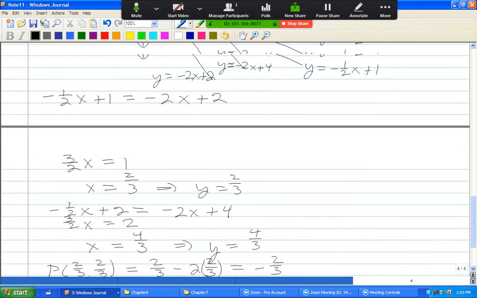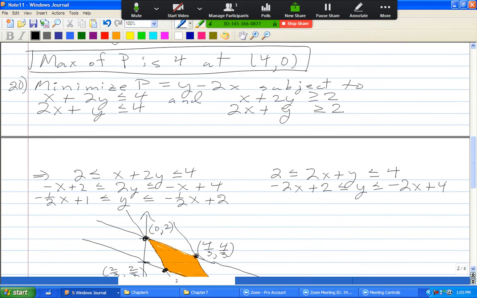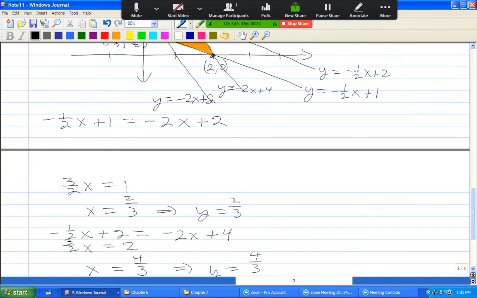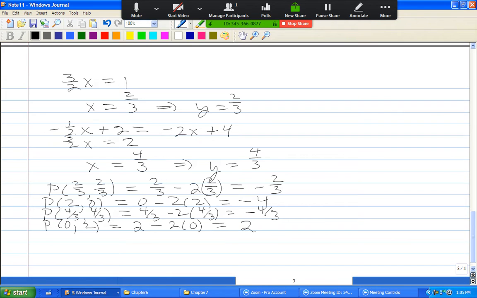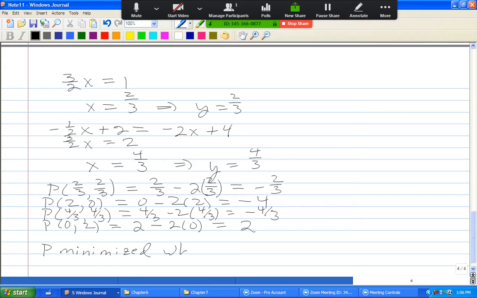And I want to minimize this. So the minimum is when P is minus 4 at the point 2, 0.